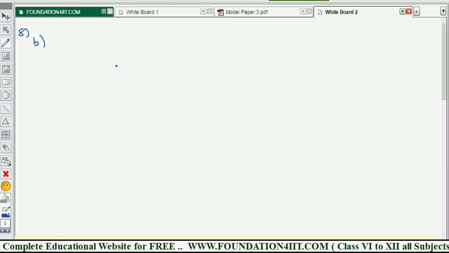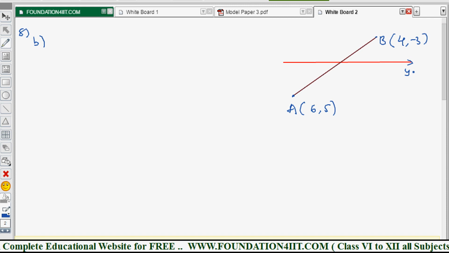Let us take the lines: this one line, and one more line crossing the points A and B. This is the point A, that is (6, 5) according to the given question, and B is given as the point (4, minus 3), and this line is y is equal to 2.